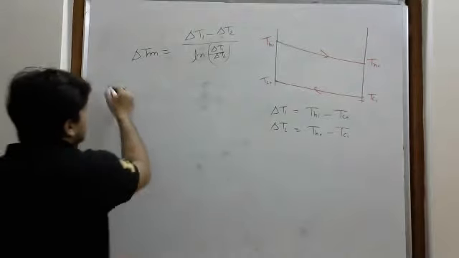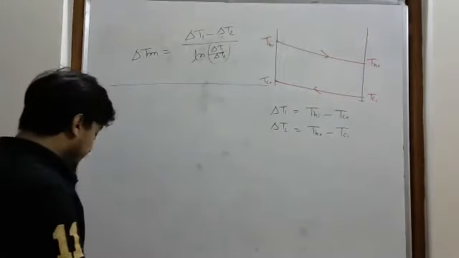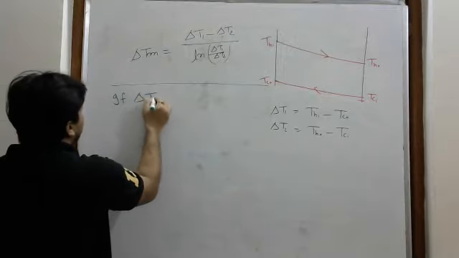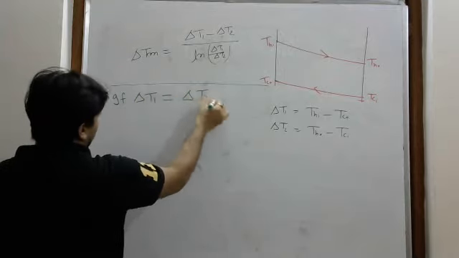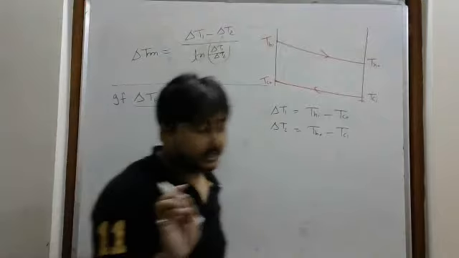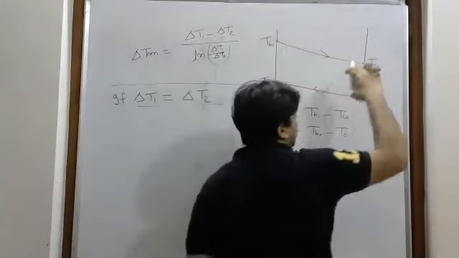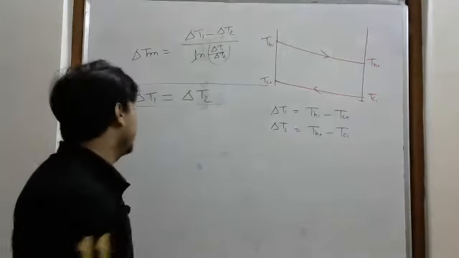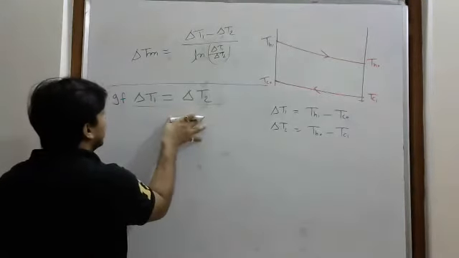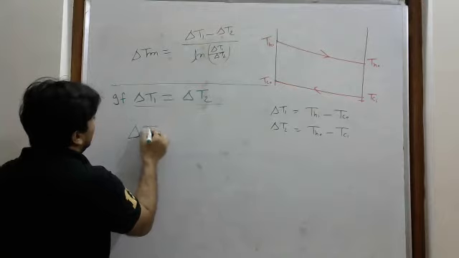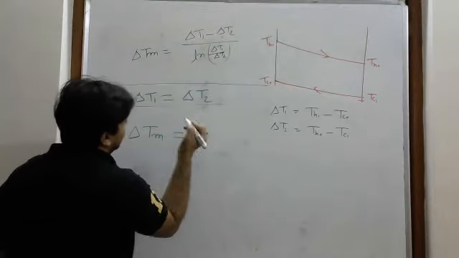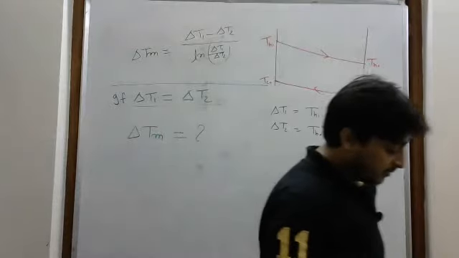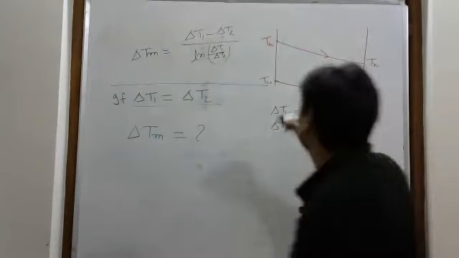Now the situation came: if del T1 equals del T2. It is not possible in the parallel flow heat exchanger, as I said first, but is it possible in the counter flow heat exchanger? If del T1 equals del T2, what could be the value of del Tm? Can anyone tell? Now I am giving values also.